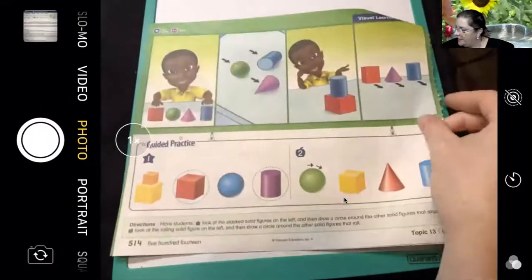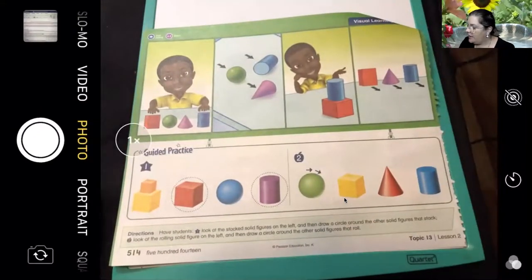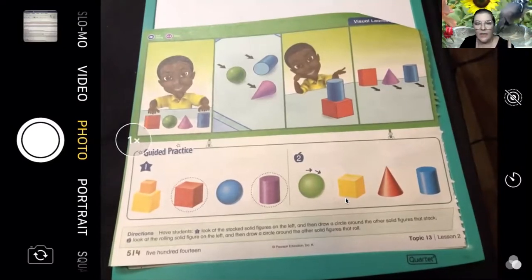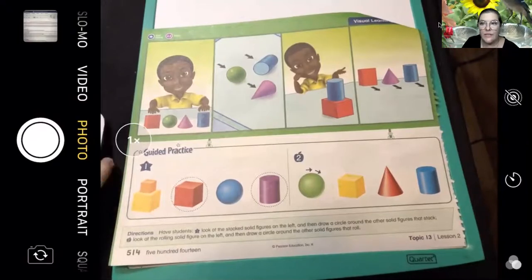Okay. So now what I want to do is stop sharing because I want to go into the Pearson Realize and watch their interactive video that goes along with the visual learning here at the top. I'm going to navigate to that.